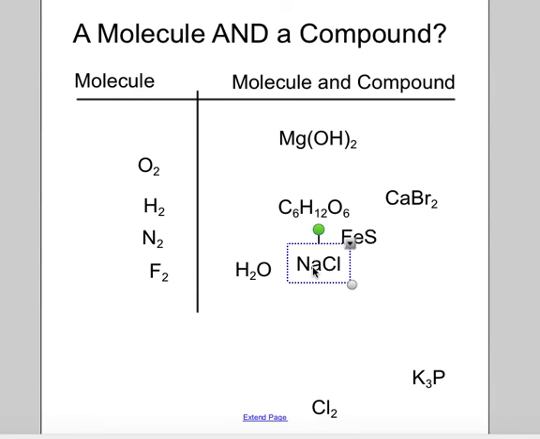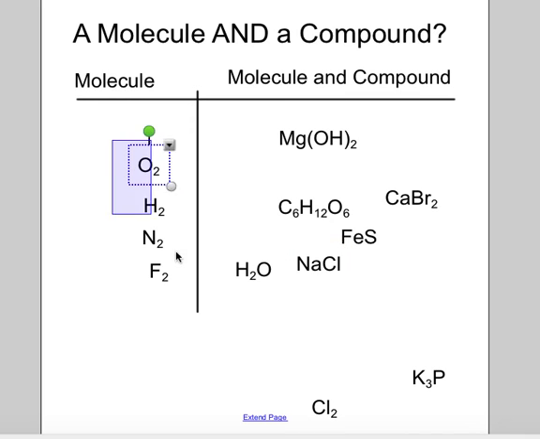Nice. Every single one of these molecules and compounds actually contains at least 2 different types of atoms, and some of them even have 3. So if it's a compound, it means it has at least 2 different types of atoms. While these are molecules, like this one, what's O?